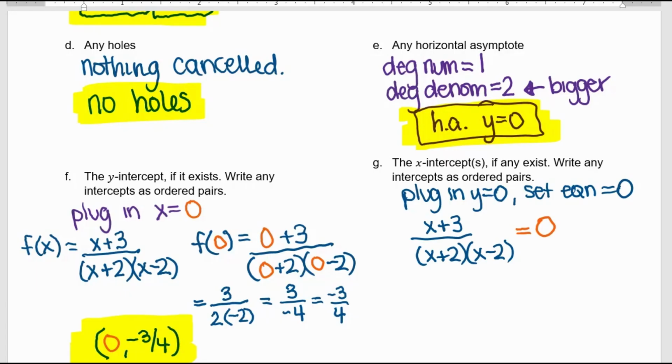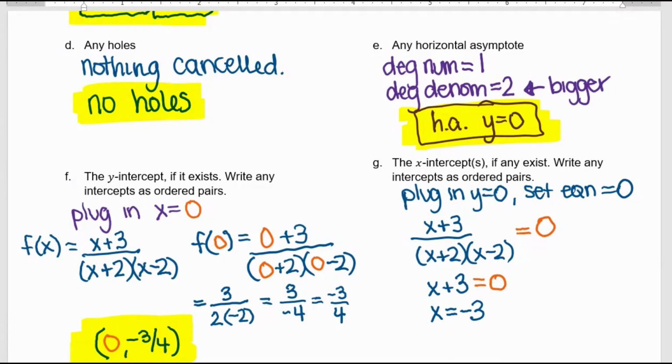We would multiply both sides of our equation by the denominator, but 0 times anything is 0. Otherwise, you can remember that essentially when we're finding an x-intercept of a rational, we only need the numerator, the top. And we find out that x is equal to negative 3.